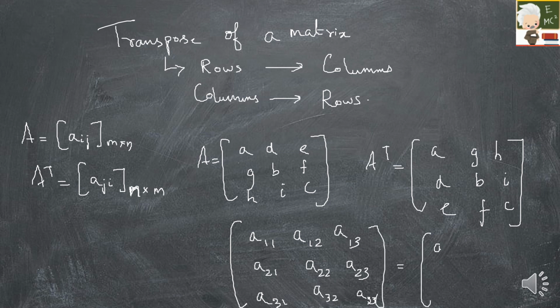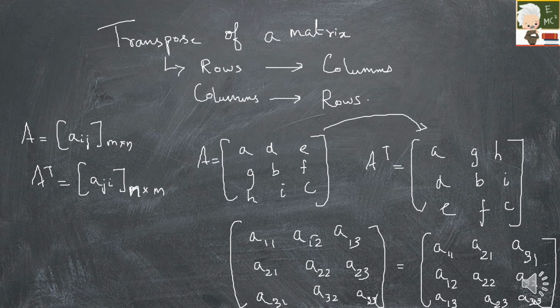So then it would be A11, next it has to interchange, so it becomes A21, next it is A31, next it is A12, A22, A32, and last it is A13, A23 and then A33. So now I think you have a clear idea how the transpose is obtained. You must be very clear with the transpose because it is very frequently asked in all your problems, right?